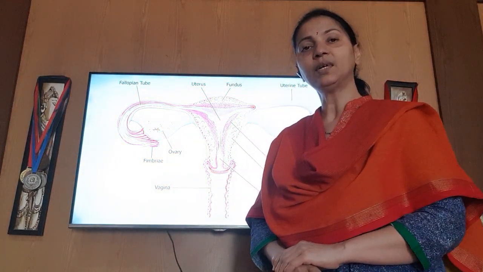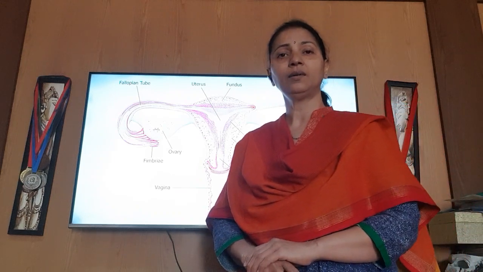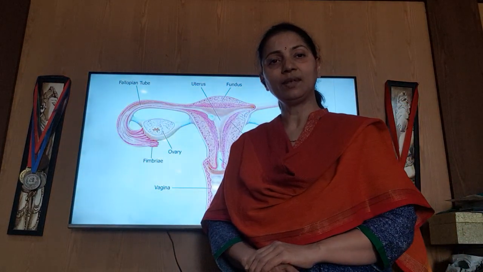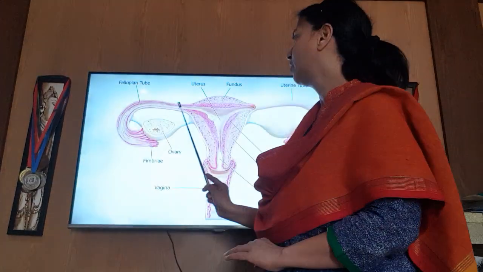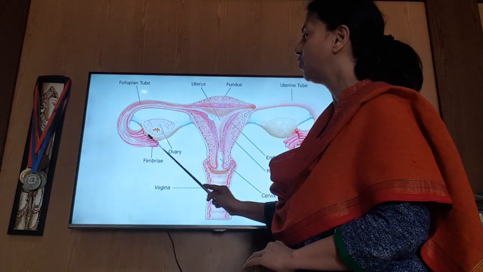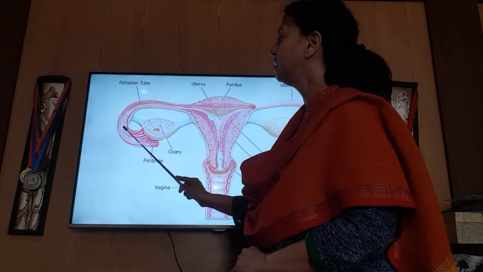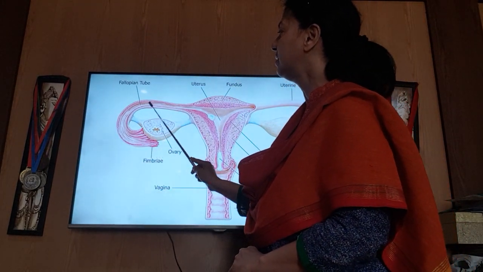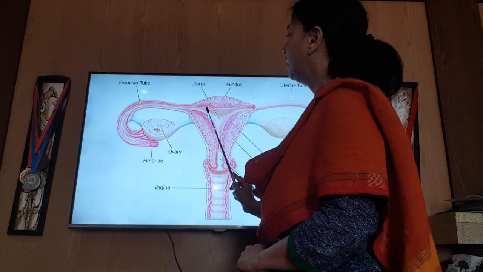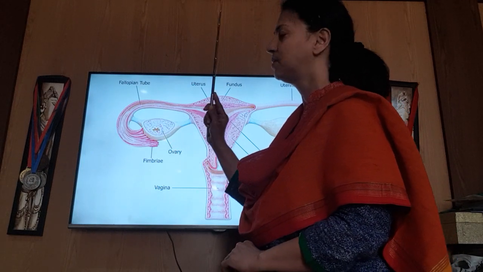But the sympathetic nerve, they are assisting peristalsis, but mainly the peristalsis is controlled by the hormones. So the function of fallopian tube is actually to facilitate the fertilization. It is acting as a passage for oocyte and the sperm for fertilization.